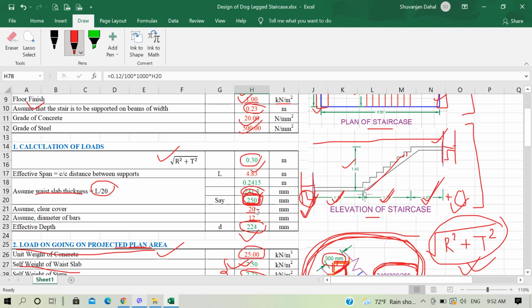So what you can do is you can just decrease the thickness at a certain interval, and you can optimize your design by performing all these steps after this. For doing that, this type of Excel sheet won't be suitable. You should have an Excel sheet linked with all the formulas. In such an Excel sheet, once you decrease the depth, all the calculations will be automatically adjusted and you will be provided with the final result.